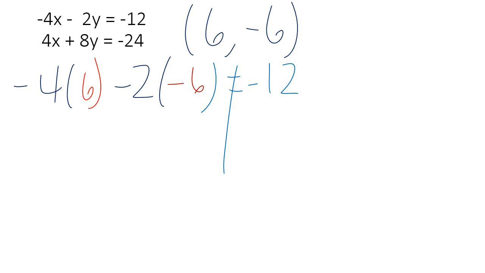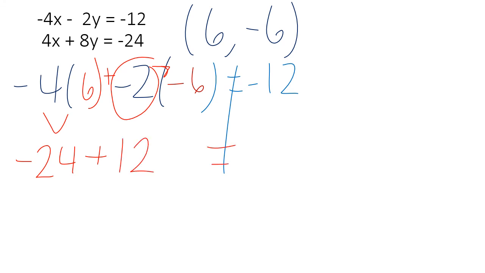So it might be helpful to think about this as addition here because this negative 2 is being multiplied to the negative 6. Negative 4 times positive 6 is negative 24, plus negative 2 and negative 6 multiplied become 12, and then here we go, negative 24 added to 12 is negative 12 equals negative 12, check.